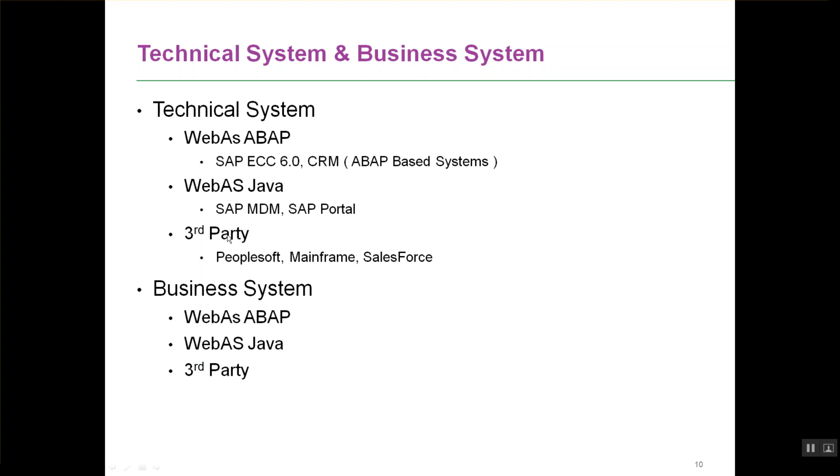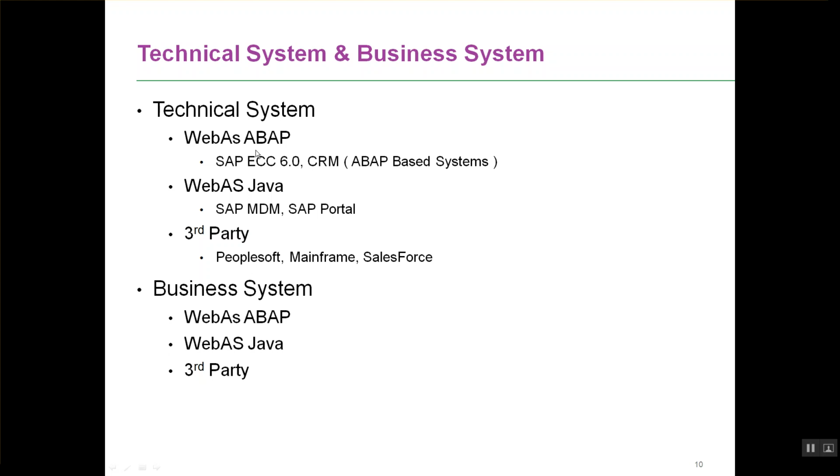Third-party systems are any technical system that is a non-SAP system. So be it a PeopleSoft system, be it a Salesforce.com system that can register itself to the SLD is called a third-party system. Okay, a business system has three different types: a web-based ABAP business system, a web-based Java, and a third-party.